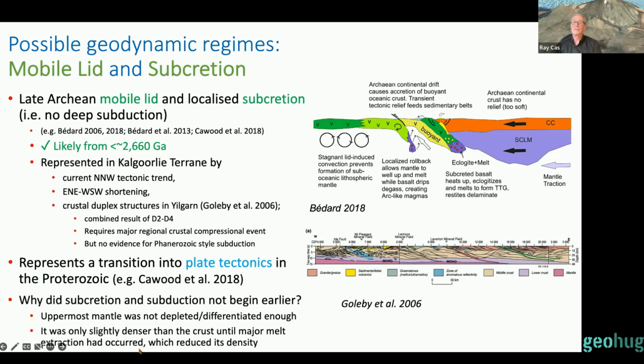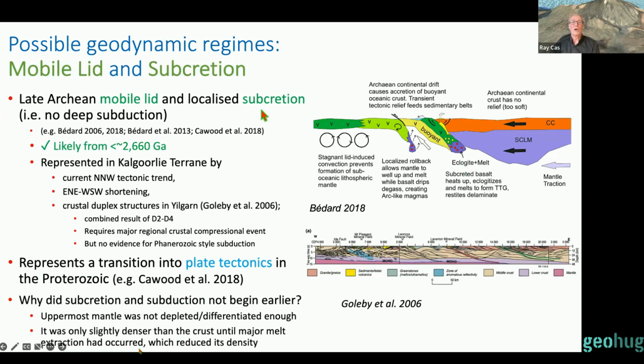It's represented here in this diagram, again from a paper by Jean Bédard, who's done a lot of work in the Archean in Canada, showing the initial stages of craton margin subcretion or subduction, not necessarily to high depths, until we start to see the development of metamorphic assemblages, including eclogites, which do indicate high pressure deformational and metamorphic assemblages.